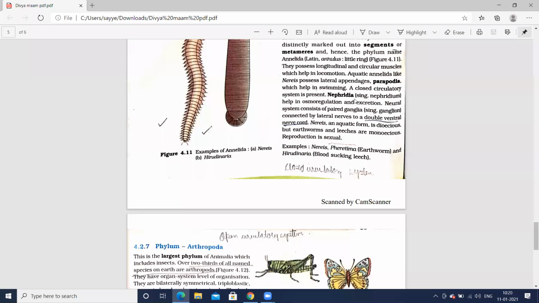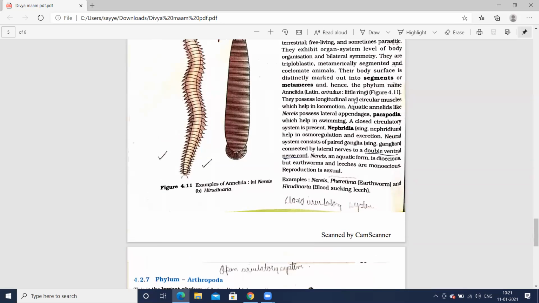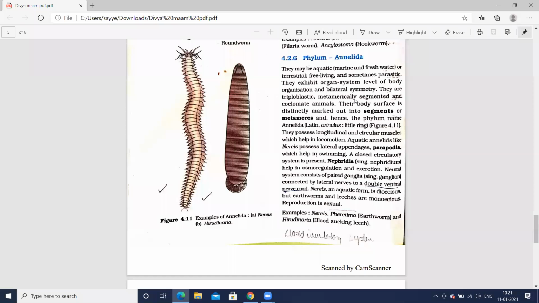What is the most important feature of arthropods? Largest phylum. They are the largest ones, and when we talk about structure, they have calcareous shells. What is the common name of Hirudinaria? Blood-sucking leech. Yes.